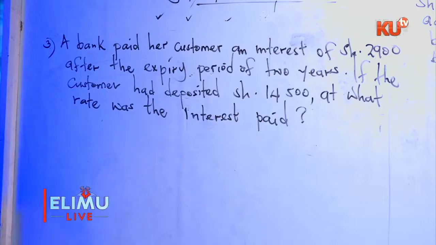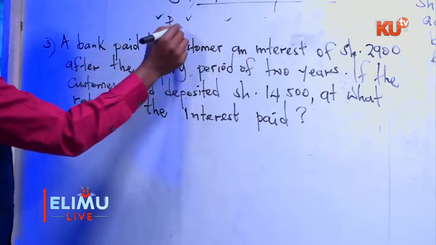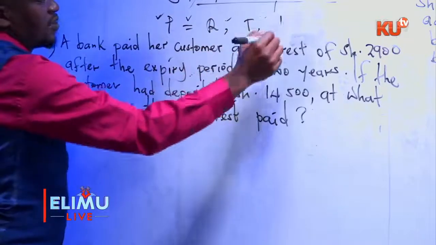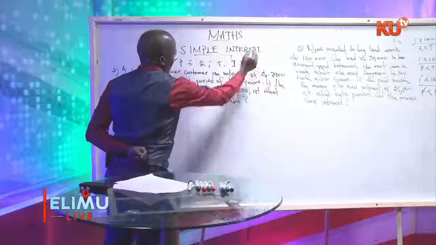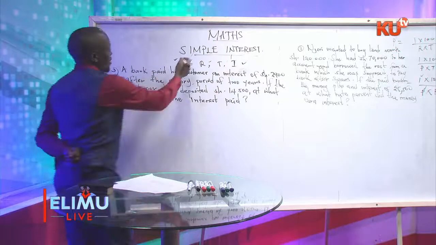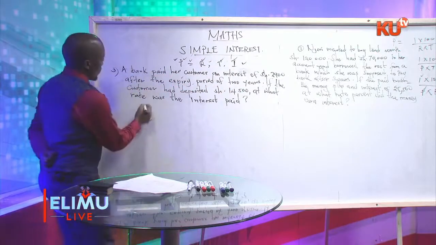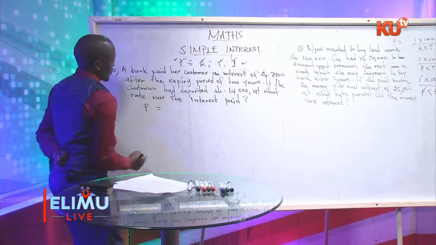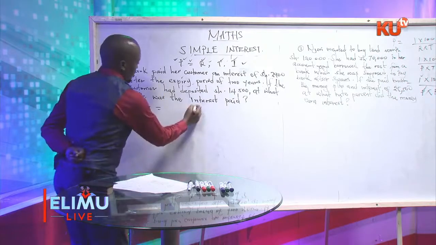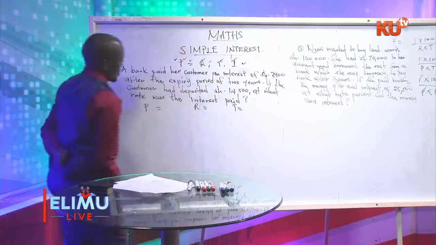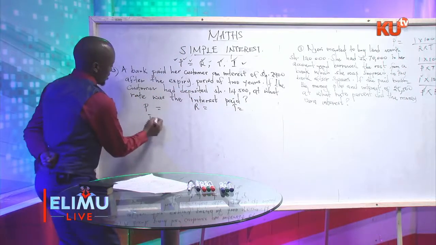And I've said that the first thing when you are given such a sum is identify. You know that in simple interest we have principal, we have rate, we have time, and sometimes interest can be given in the sum. So identify these factors first. We list principal, we list rate, we list time, and we can list interest.